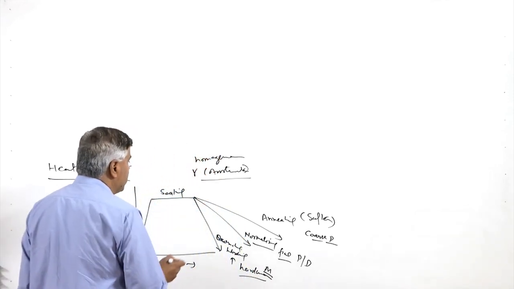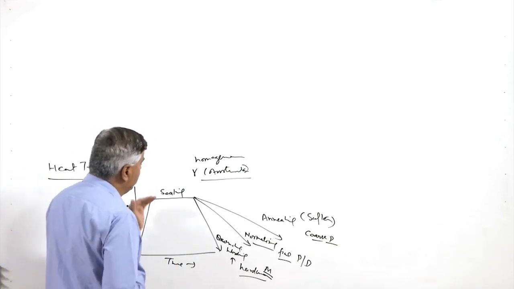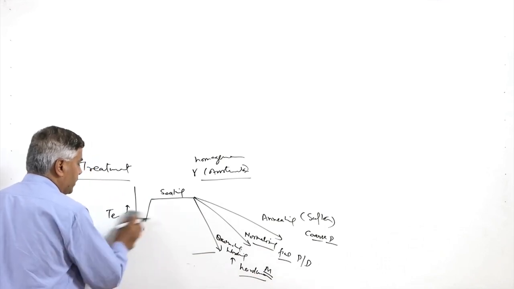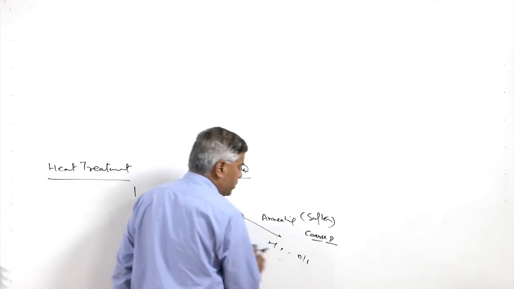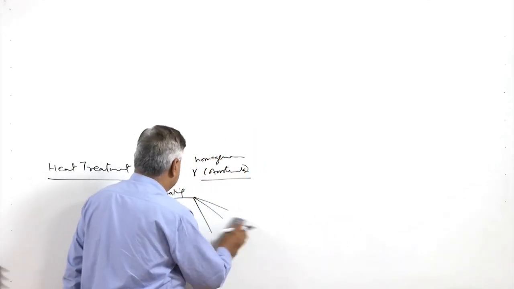So, this is the typical heat treatment cycle, used for heating, soaking, and then controlled cooling as per the requirement of the properties, so that suitable phases in the steel can be produced in order to have the desired set of properties.